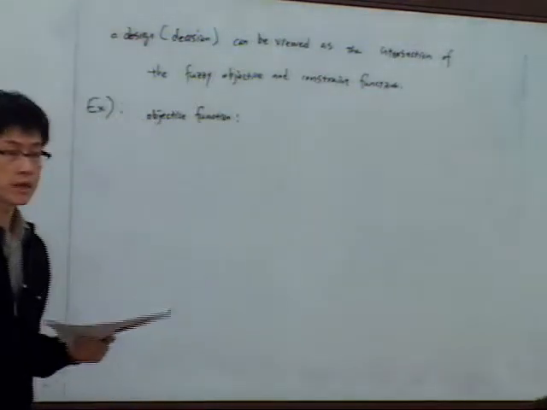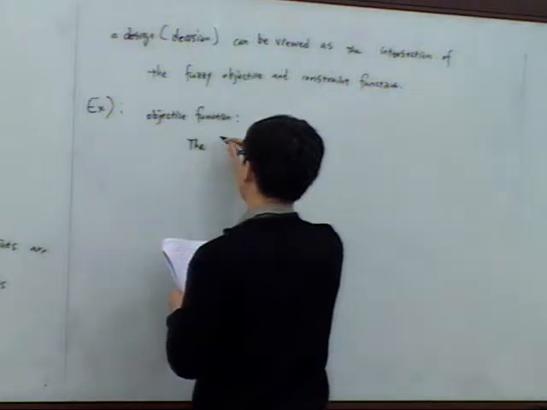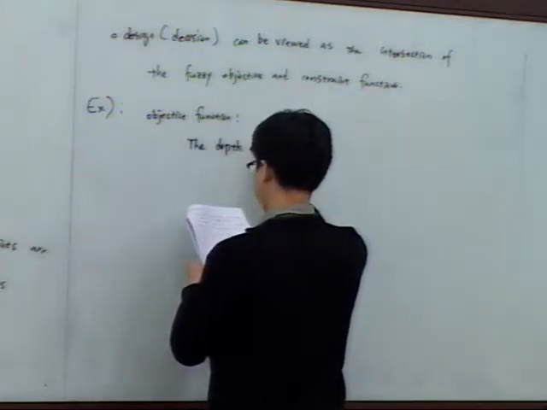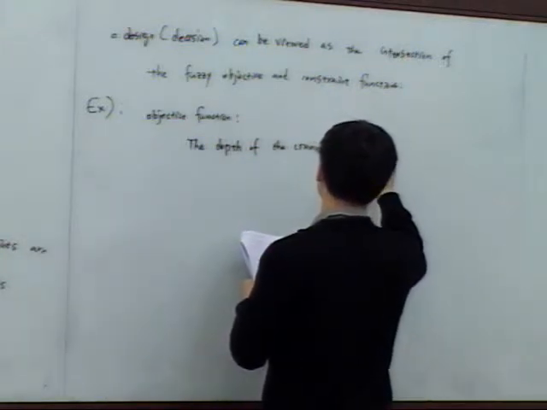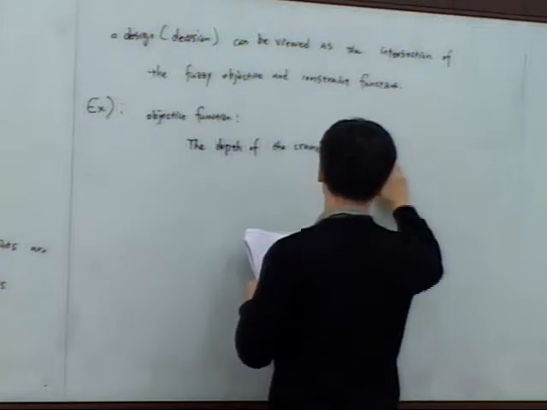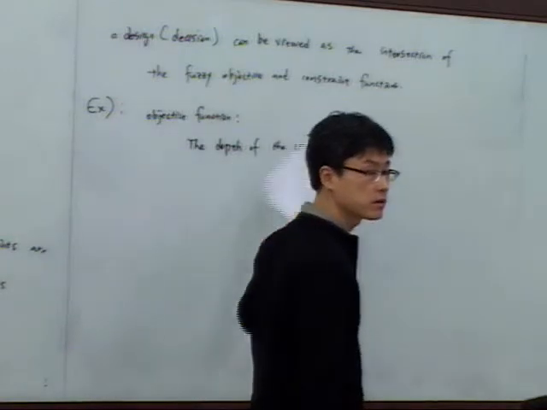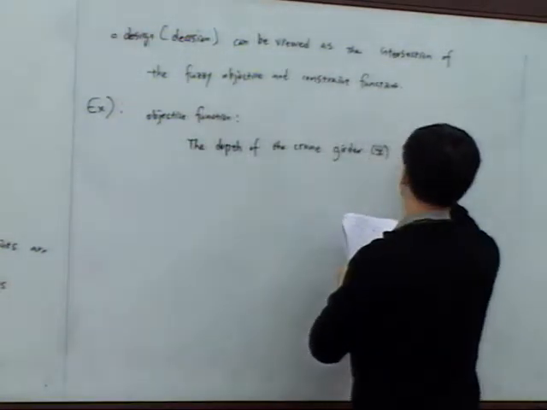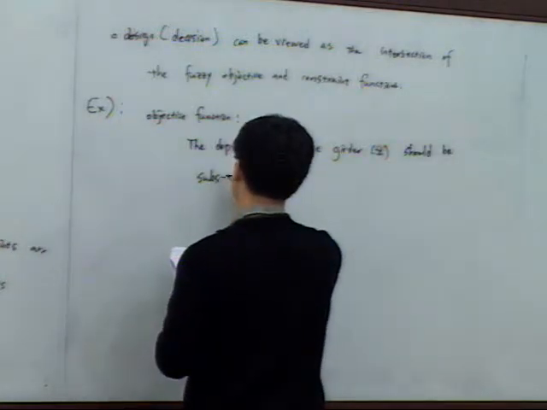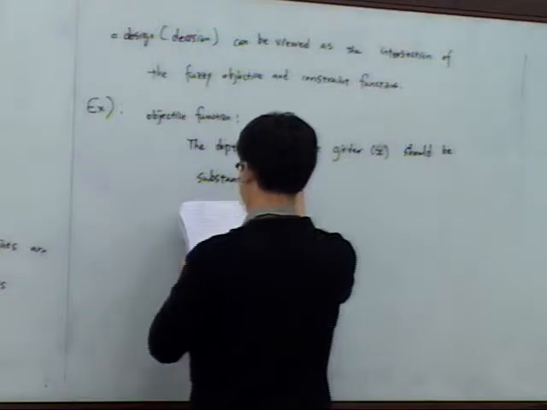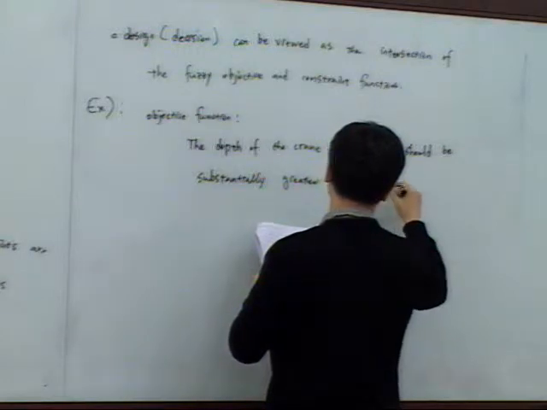Let's say in our example, the objective function is the depth of the crane girder, which is a variable x. Girder is not a function, but this depth of the girder is x. It should be substantially greater than 80 inches.